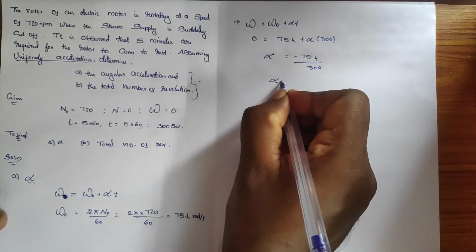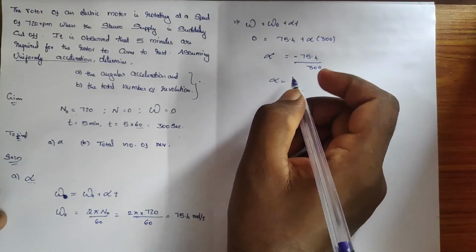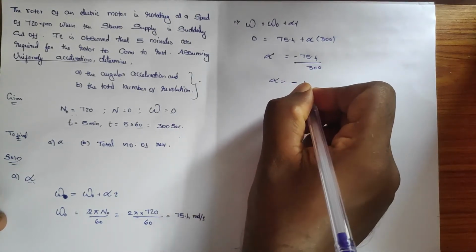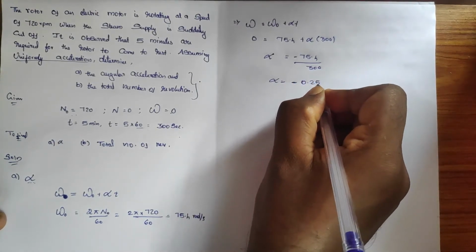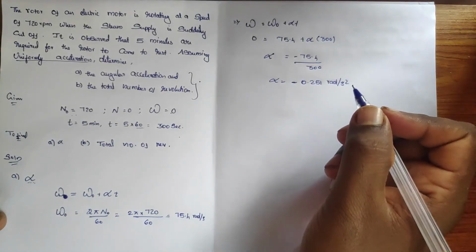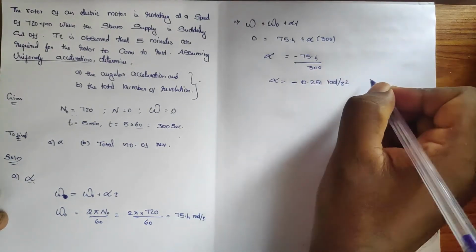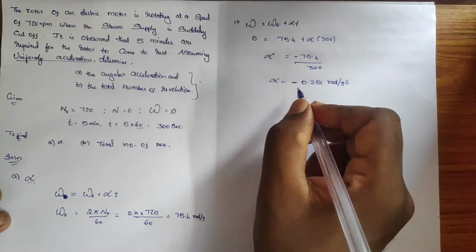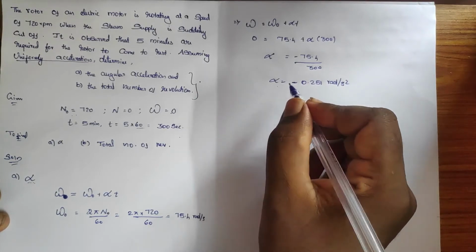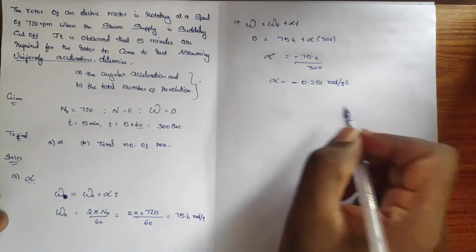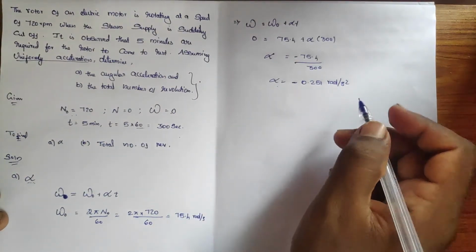So you get the value alpha equal to minus 0.251 radian per second square. This minus sign indicates the retardation.